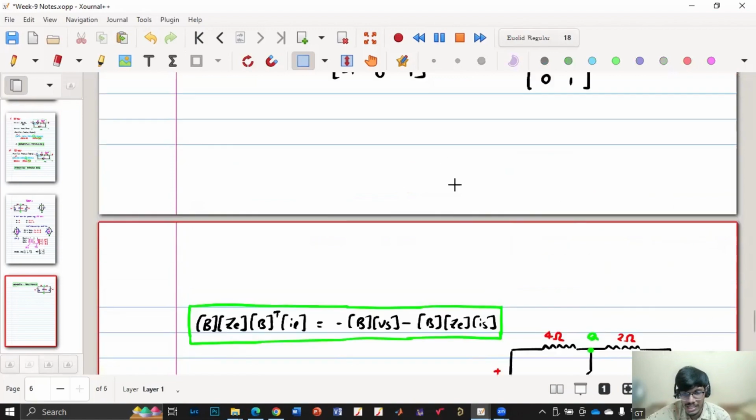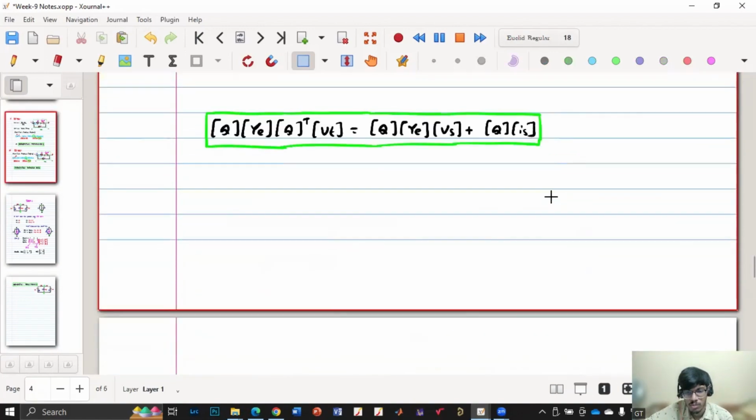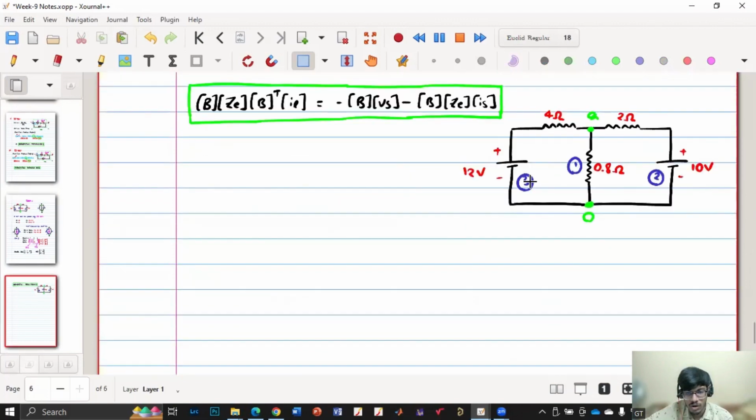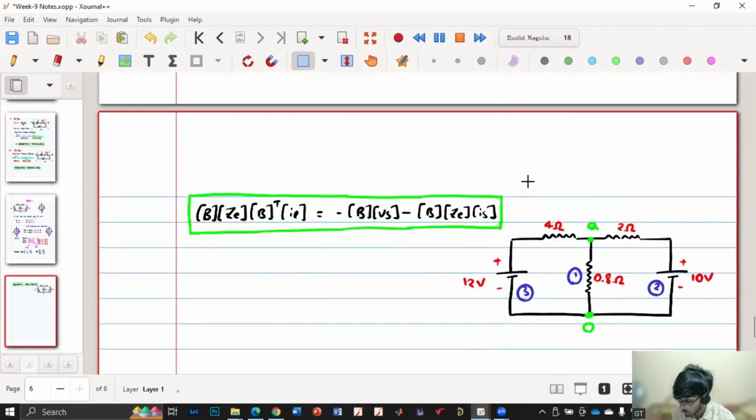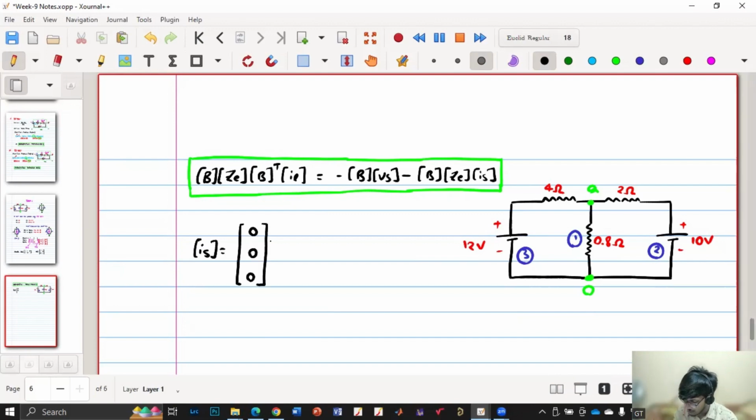IS is 0, source current, yes, 0, because there is no source in any of the elements. So IS is a column matrix: 0, 0, 0. So the other term is not there, so this entire term becomes 0.